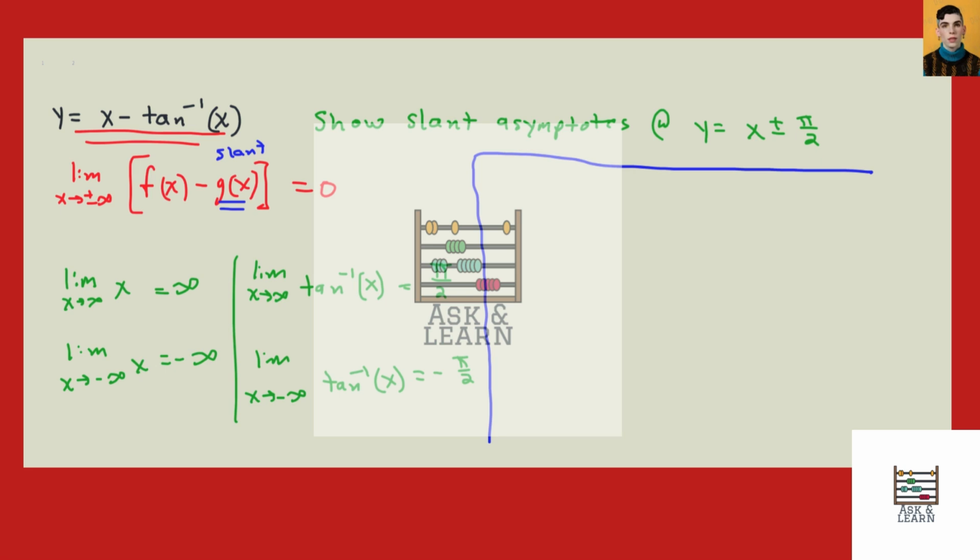All right, so we want to show first the limit as x approaches infinity of x minus tangent inverse x, and then we're going to do minus x minus pi half.